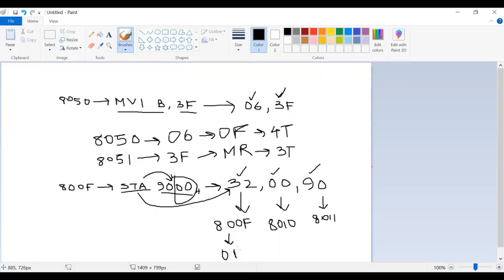Now what will be the next machine cycle for this one? Is it memory read, memory write, IO read or IO write? This is a memory read machine cycle. Good.